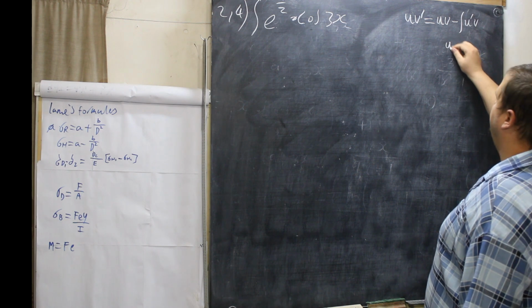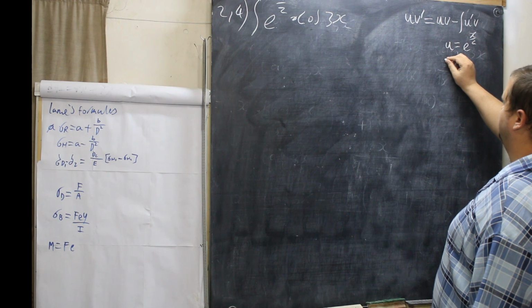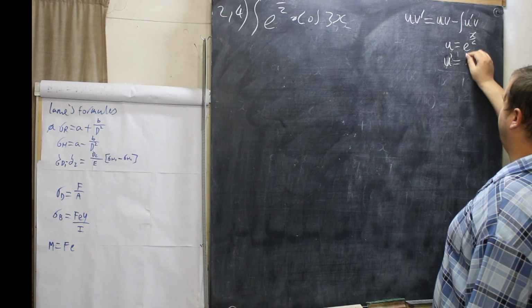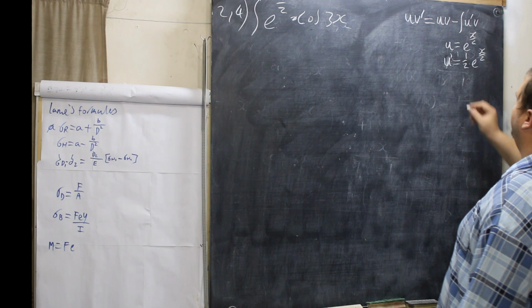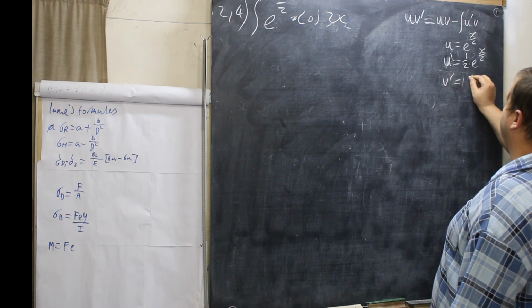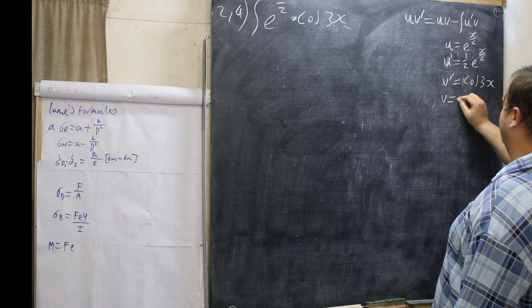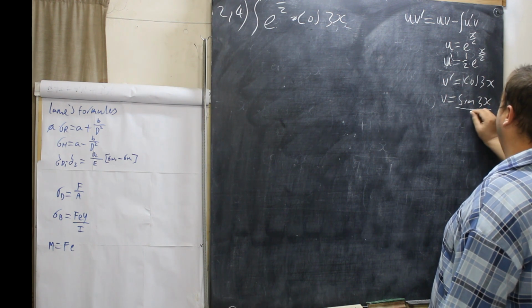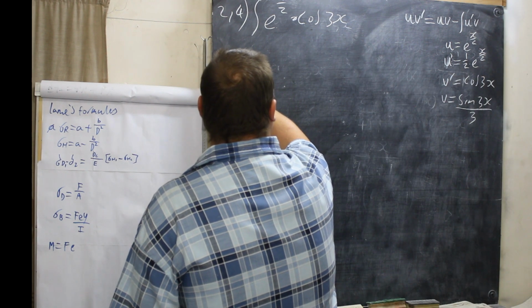So u is equal to e to the x over 2, u prime is a half e to the x over 2, and v prime is equal to cos 3x, and v is equal to sine 3x over 3.